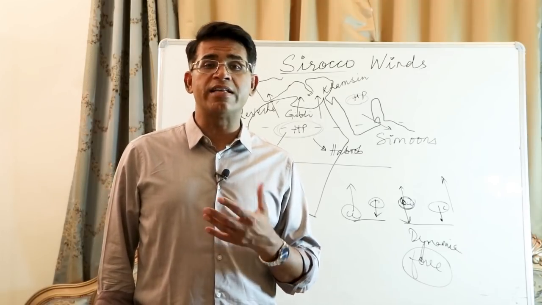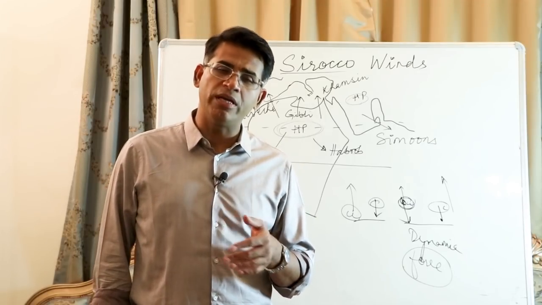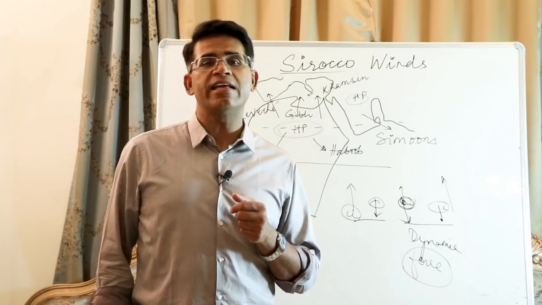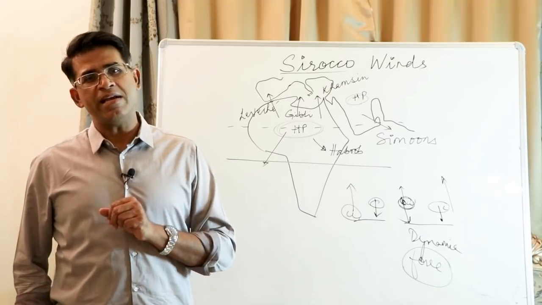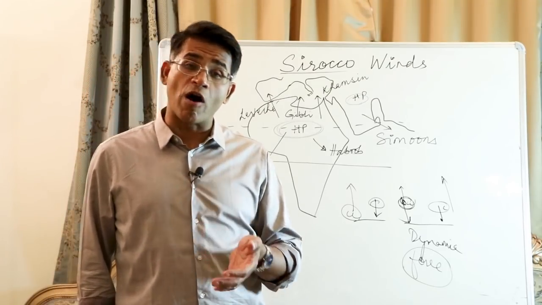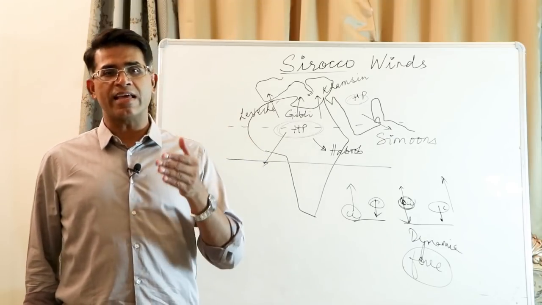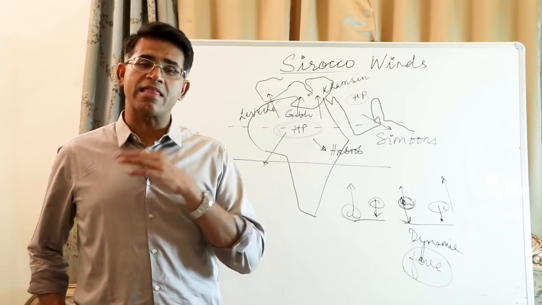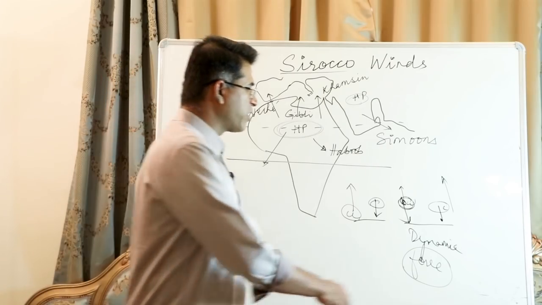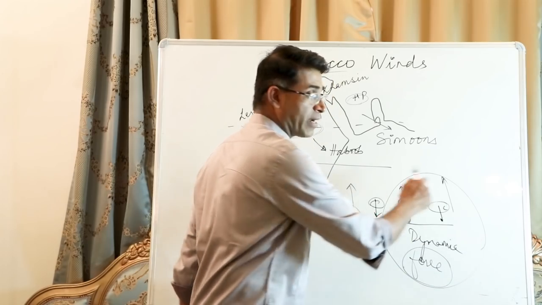Land is hot in the daytime, water is cool in the daytime, and we can have a gradient here. Land is cold in the night time, sinking air. Water is relatively warmer in the night time, rising air, and we have the sea breeze and the land breeze. So that's a thermal condition. What I am referring to is the dynamic aspect.